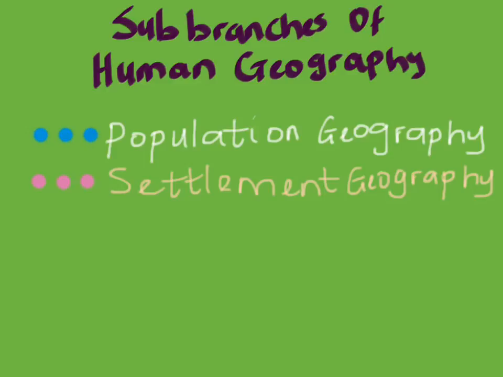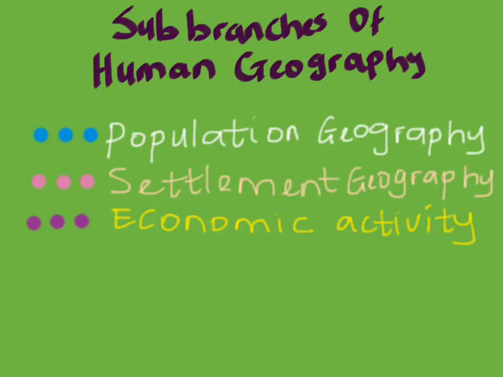We'll now move to the next, which is economic activity. Economic activity is the study of producing, distributing, and consuming of goods and services. Economic activity is also anything which is being done by man to earn a living.